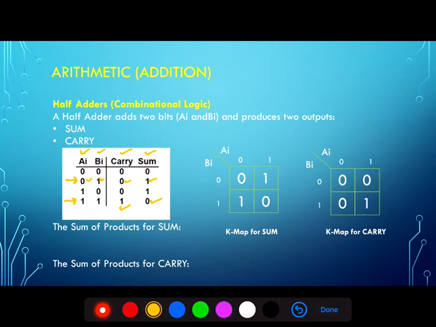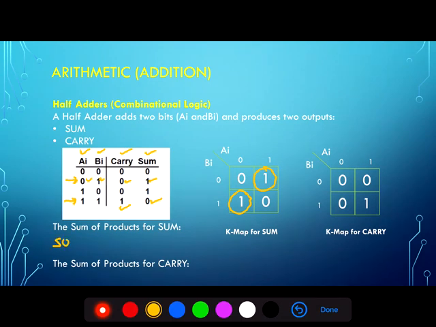Using this truth table, we can generate two 2x2 Karnaugh maps to find the sum of products expressions for both sum and carry. For sum, we have two 1s that are not adjacent to one another, so we have to generate a term for each.